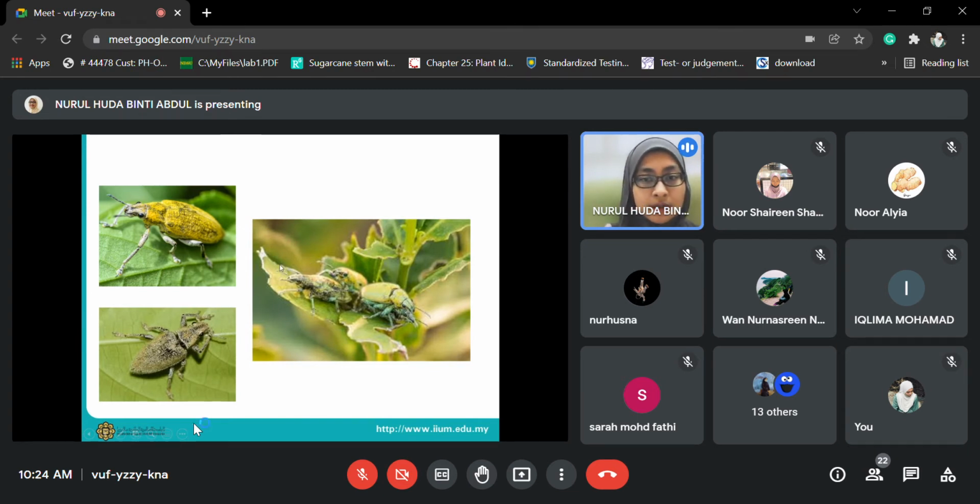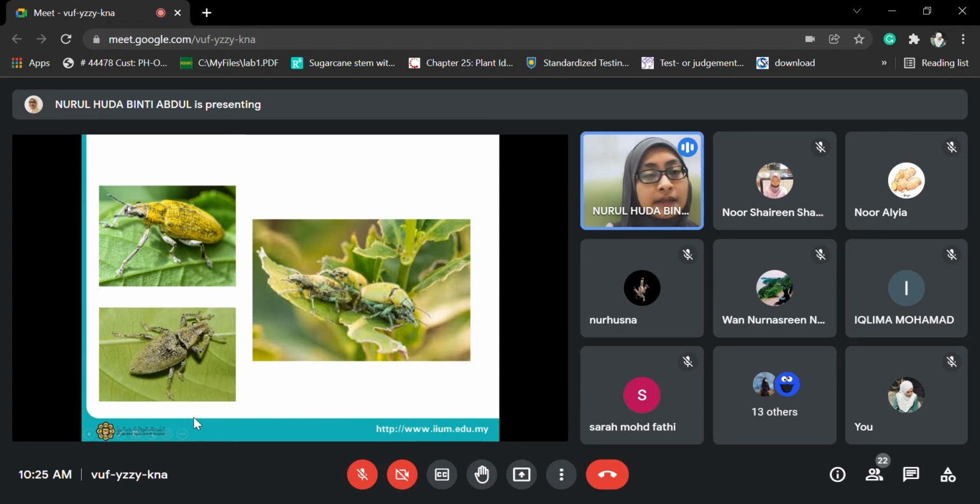Okay, this is the picture of adult. So the one that you can see yang color more bright is actually male, and the one yang less bright usually is a female. Okay, so here dia punya beak, you can see the extension of the head, maksudnya kepala dia tu macam memanjang, okay, which is where we call it beak here.